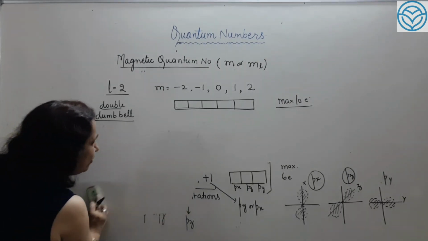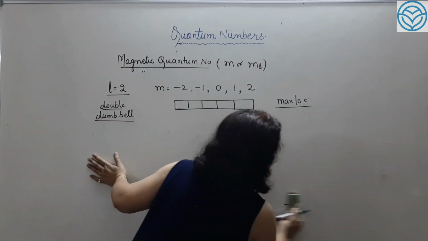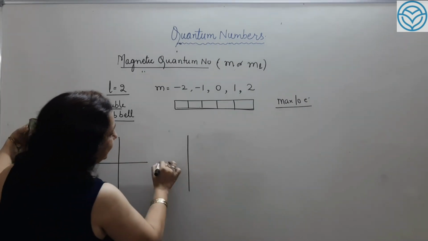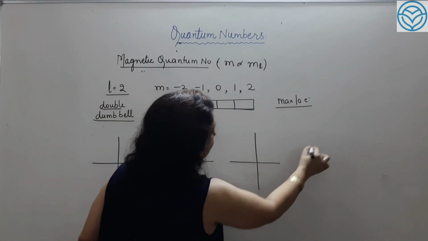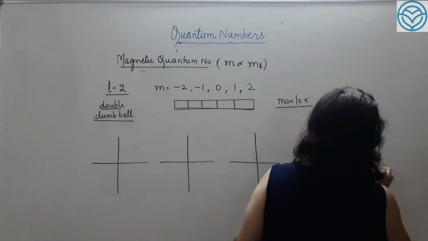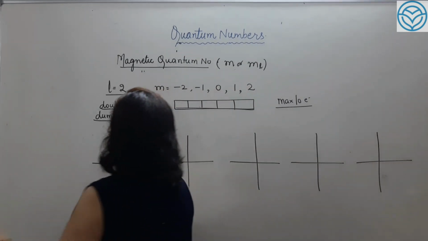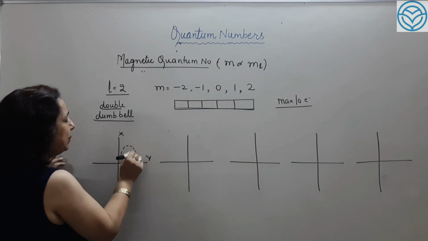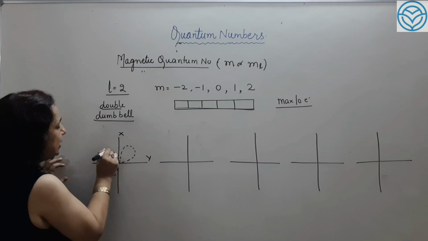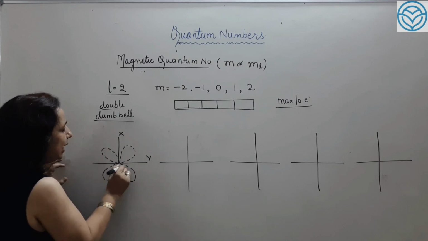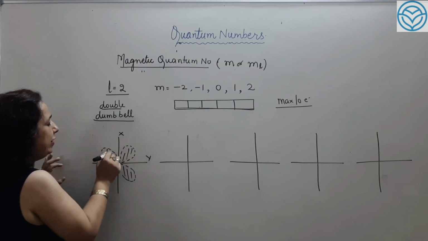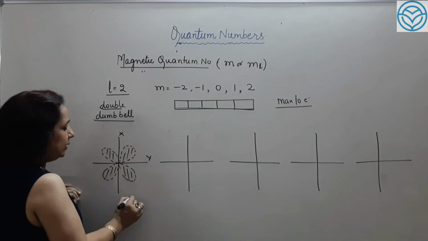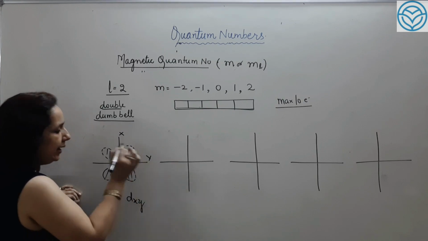Now we can name and draw the shapes of these d subshells, and they are going to be dxy, dyz, dxz, dx square minus y square, and dz square. When I say dxy, it means a double dumbbell in between the axes, and these two axes are the x and y axis. When we have a double dumbbell in between the x and y axis, that is called dxy.